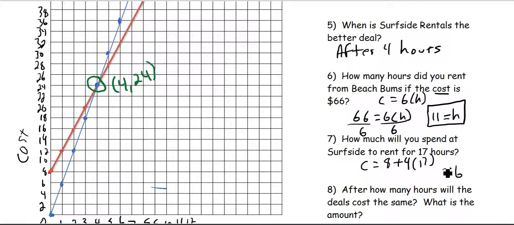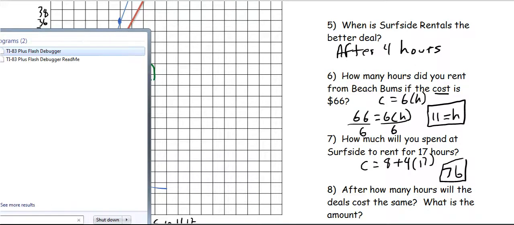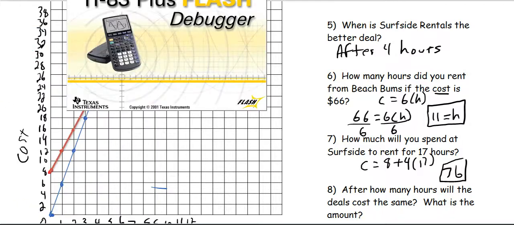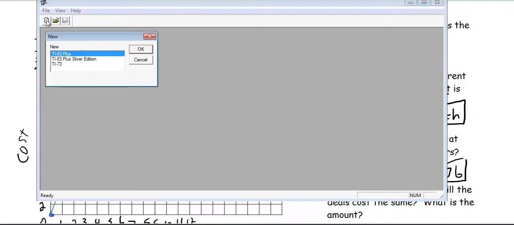Of course, what you also can do, and another good way to do this, would be to pull up your calculator, and let's go ahead and find that TI. There we go. We could plug into our calculator.